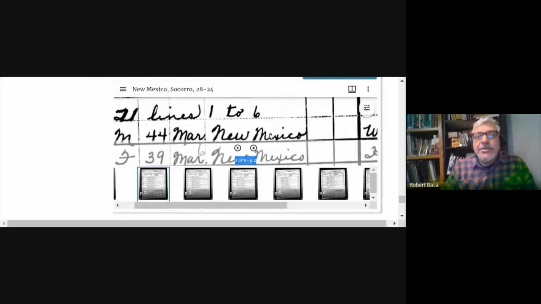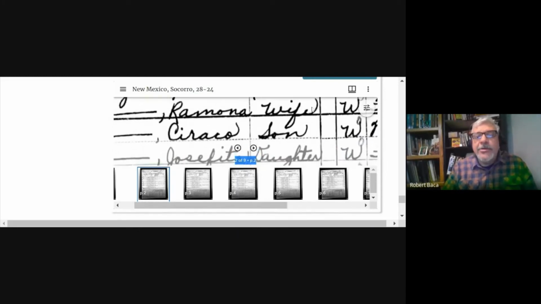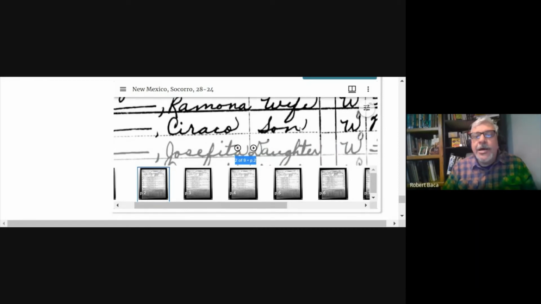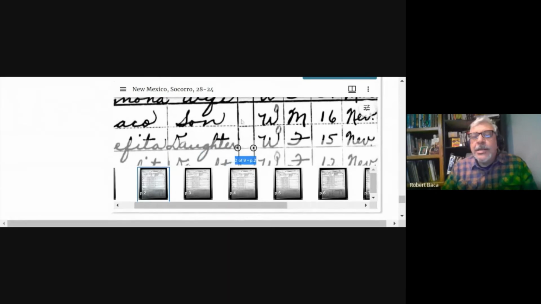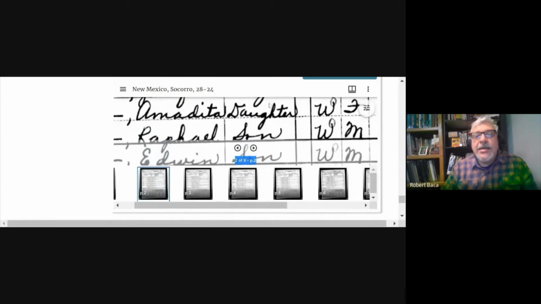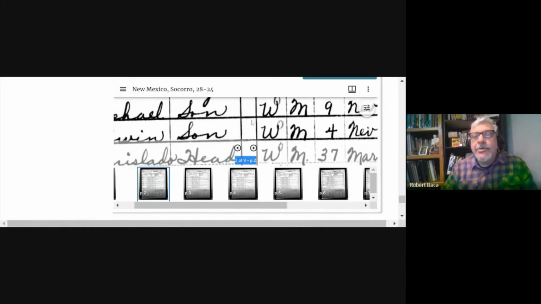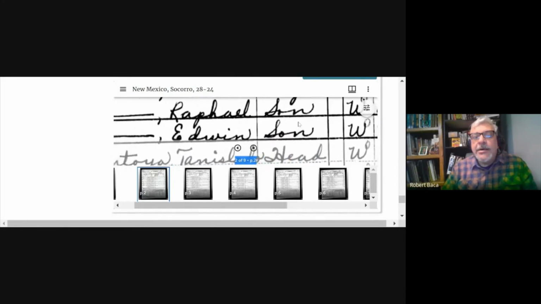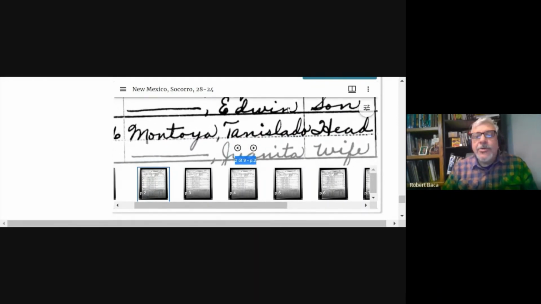Then they have their son, Sidiaco, who I've communicated with. I believe he's still around. He was 16 on this. Josefita, Amadita, Rafael, and Edwin, who I actually know. He was a pharmacist in Socorro. Then you got Montoyas.